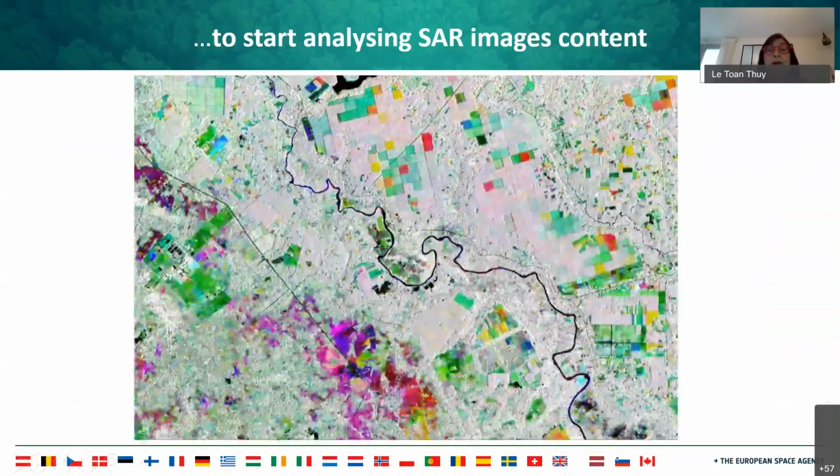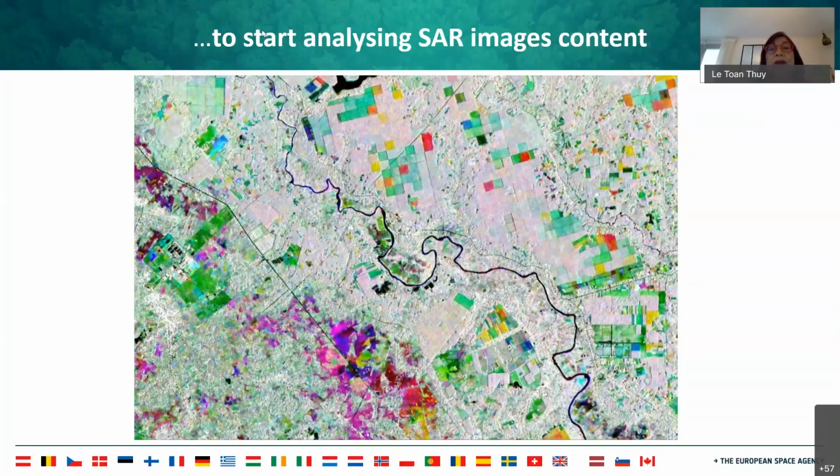When you do the speckle filtering and then analyze the image with two polarizations or different dates, then you can interpret this.